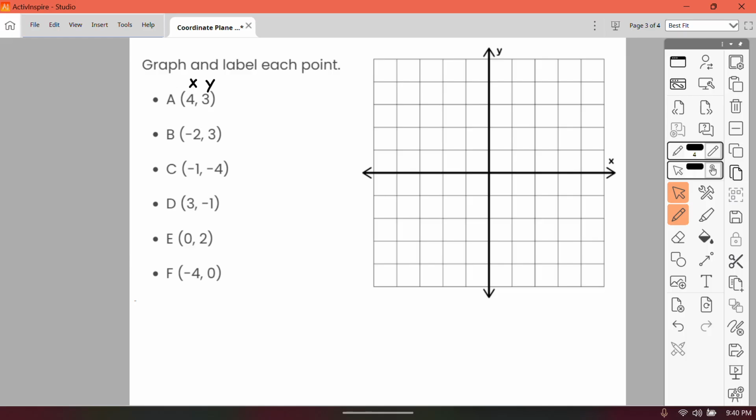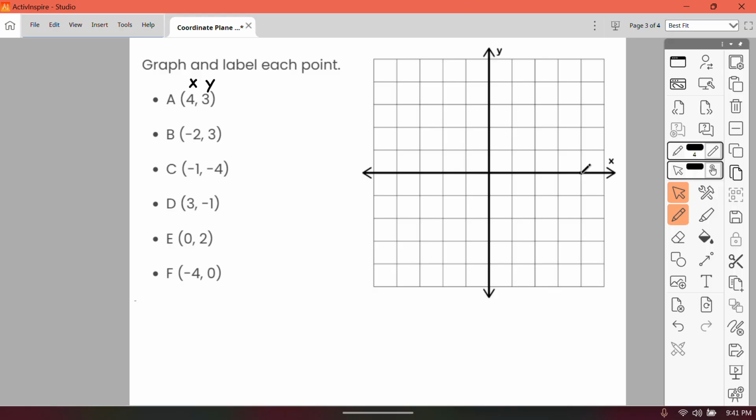So what that means is, on my x-axis, I'm going to go to positive 4. I'm really starting in the middle every time I'm graphing a point, and then I have to decide where is positive 4. Well, negative numbers are going to be to the left, positive numbers are going to be to the right. So I'm going to go 1, 2, 3, 4 to the right.